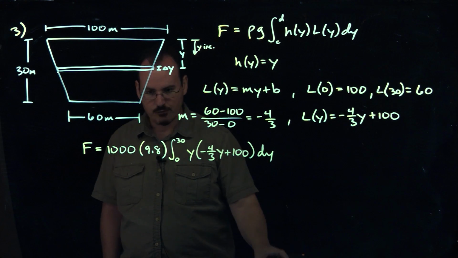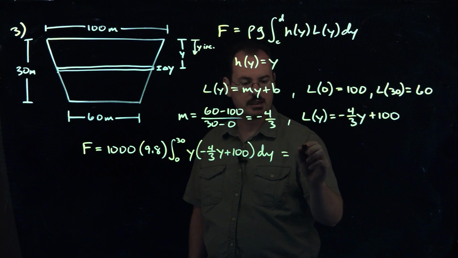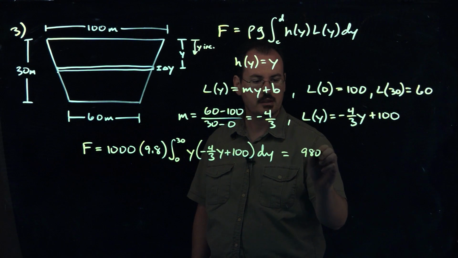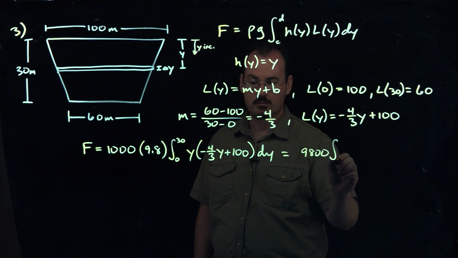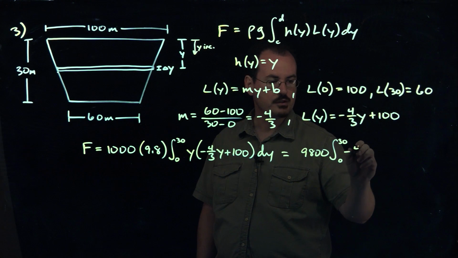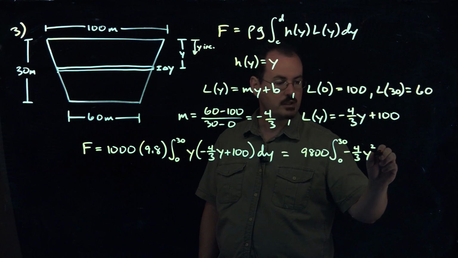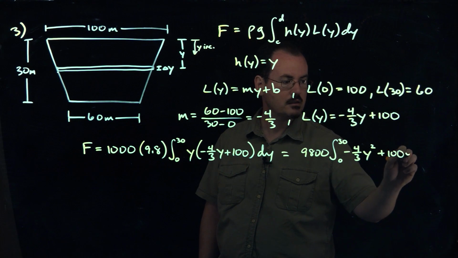If we distribute that and combine these, we get 9,800 times the integral from 0 to 30 of negative 4/3 y squared plus 100y dy.